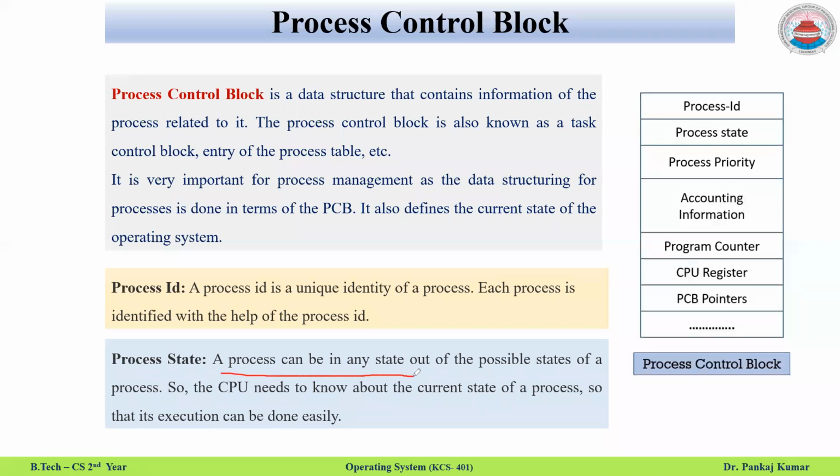A process can be in any of the possible states. The CPU needs to know the current status of the process so that execution can be done. If a processor wants to execute any process, it has to see what the state of the process is, and accordingly it performs.